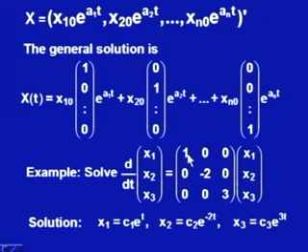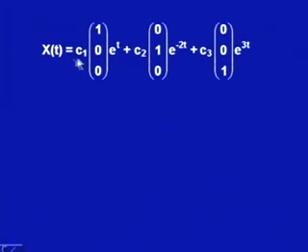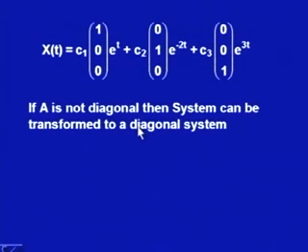This has diagonals 1, minus 2 and 3, and that makes x1 equal to c1 e^t, x2 as c2 e^(-2t) and x3 as c3 e^(3t), and that means x(t) is equal to c1 times the column vector (1, 0, 0) e^t plus c2 times the column vector (0, 1, 0) e^(-2t) plus c3 times (0, 0, 1) e^(3t). So, we have obtained the general solution.